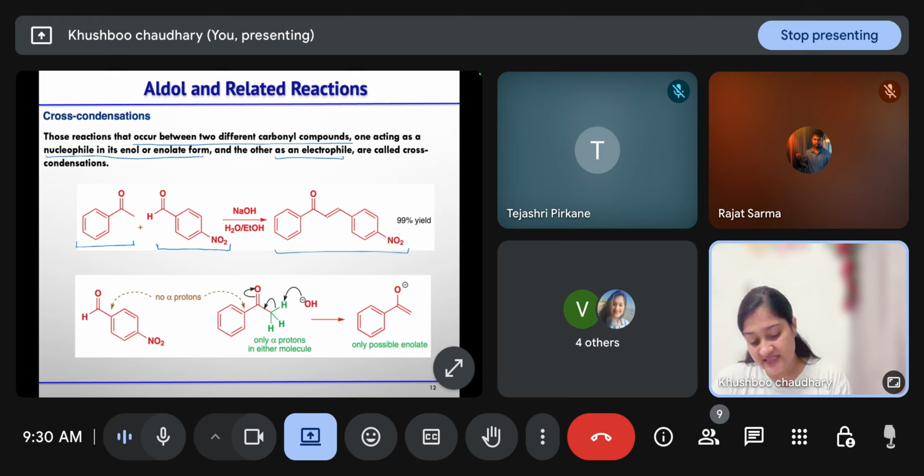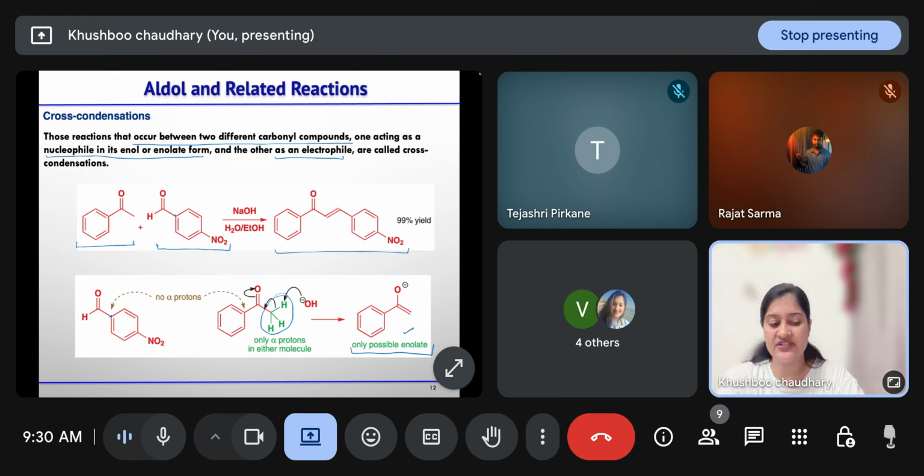Now if we look at this aldehyde, no alpha protons are present here, and in the case of the ketone only one side has alpha protons. So only one possible enolate will be generated. The base will take the alpha proton, and the only possible enolate that will generate is this one.